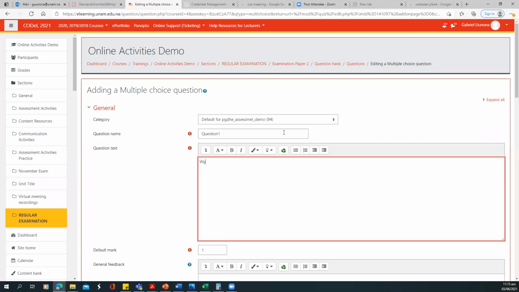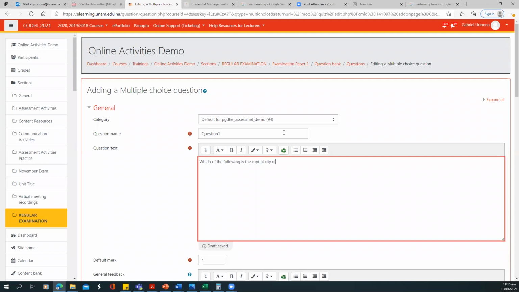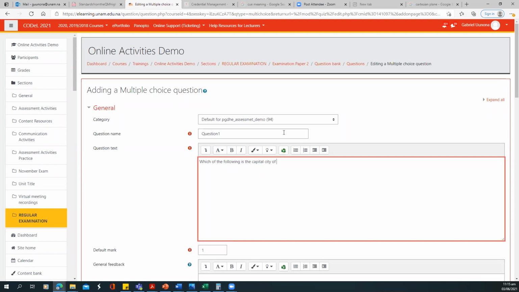Okay, we start with the simplest one, which following. Mr. Nona, while you are typing, can I ask quickly, can I copy and paste from another document, from a Word document, and paste it here, if I have pre-prepared questions? Yes, you can do that. It only has some implications.